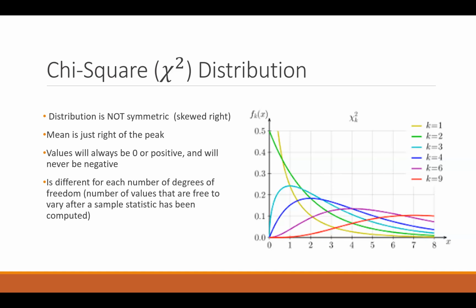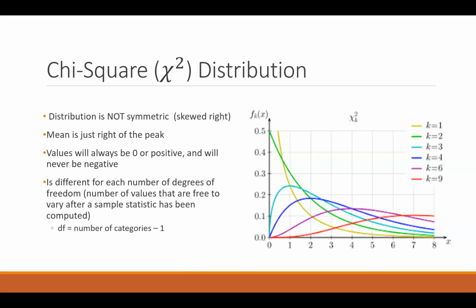The shape of the distribution is determined by the degrees of freedom. And we talked about degrees of freedom early on: that's the number of values that are free to vary after a sample statistic has been computed. How many values can you choose before your statistic becomes predetermined? It's different depending on whether you're doing a test of independence, test of homogeneity, or goodness of fit, so the way it's calculated is different for each of those tests.